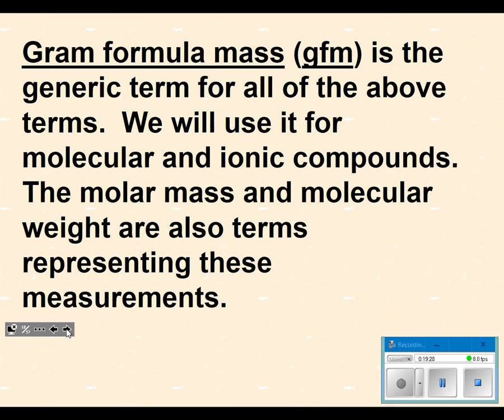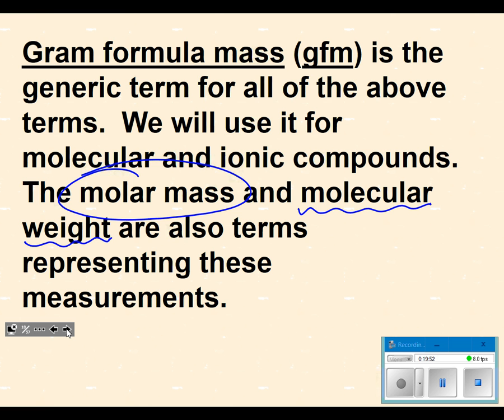Okay, I will also say another name for them, which is part of your homework, so we can use them for any of the compounds. Another name for it is molecular mass. So if I ask you to find the molecular mass, I'm really just asking you to find the mass for a mole or the GFM. Or you could call it the molecular weight.